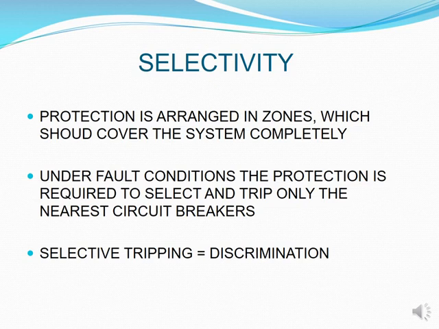So if you have a line that comes from a substation and goes to a customer X, and that line is 100 kilometers, for example, and within that line you have other customers that you are feeding along the way, and a fault exists somewhere closer to customer X, let's say at 80 kilometers of the line, then you only want the breaker just before the fault to open and trip the circuit.